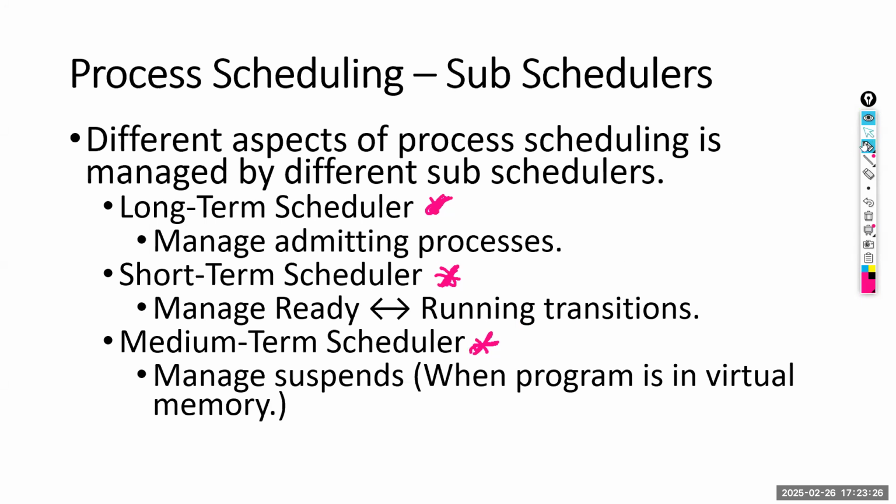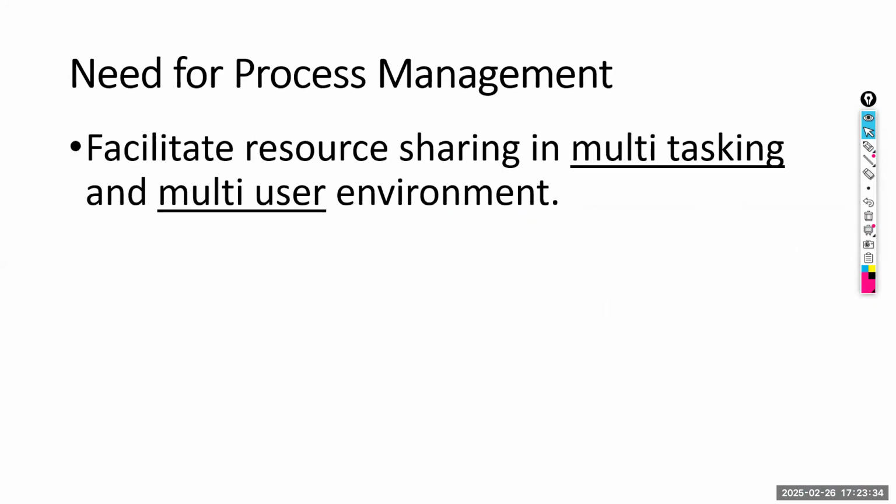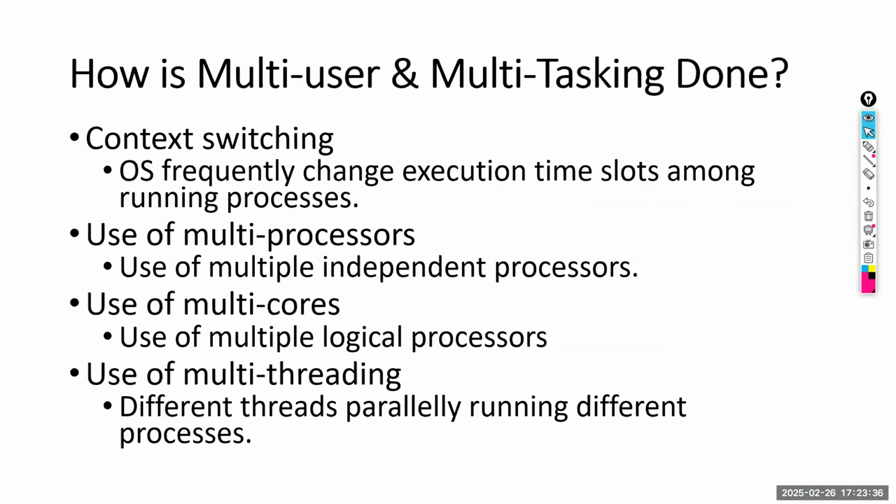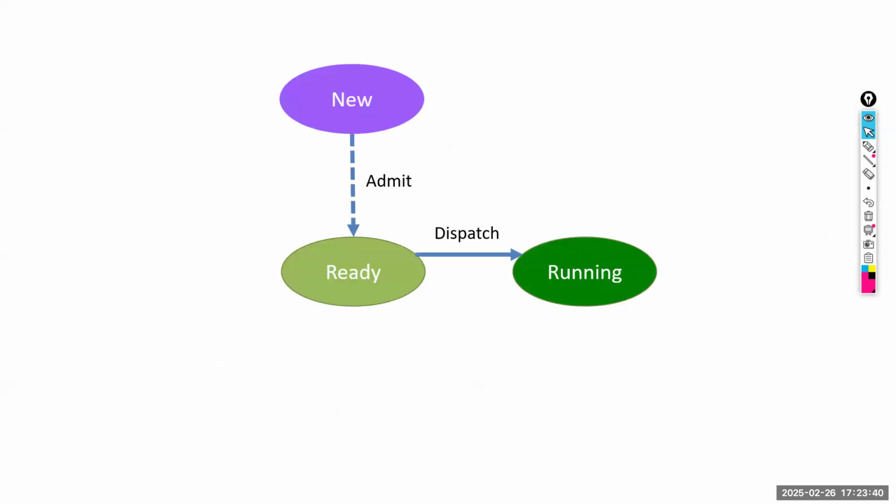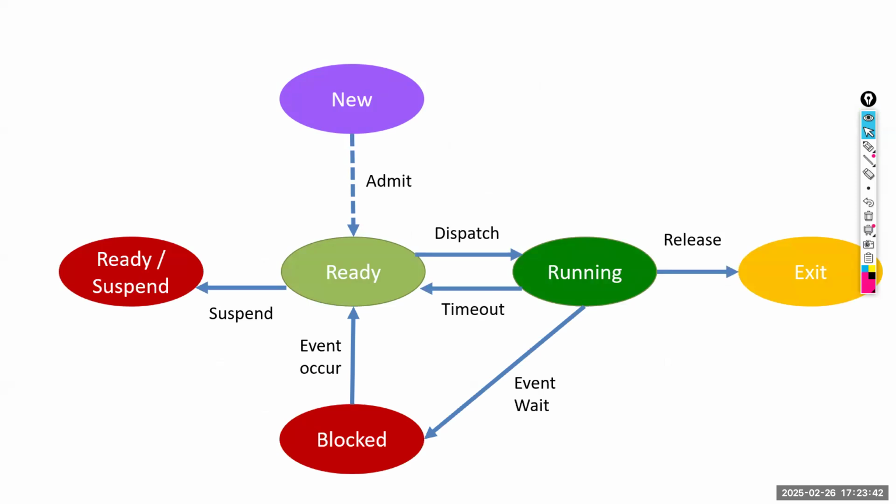So the long-term scheduler will manage admitting processes. This is from our full diagram. When to admit a new process to the ready state is determined by the long-term scheduler.